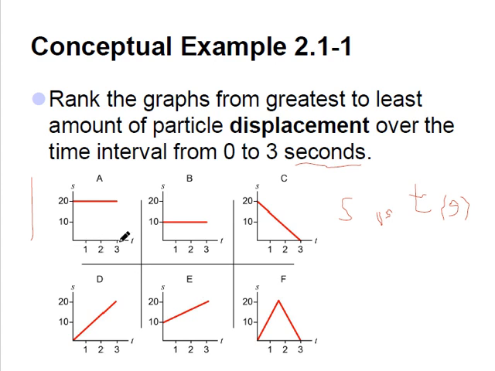when you read this graph, you know that your graph A is at 20. That's what it said. So the amount of particle displacement over a time interval from 0, again, time interval. Every time you have an interval, you have a starting point, that's your reference point 1 and a reference point 2. 0 to 3. So 0 to 3, what's going on? There is a particle, that's your object, and we're going to see activity.